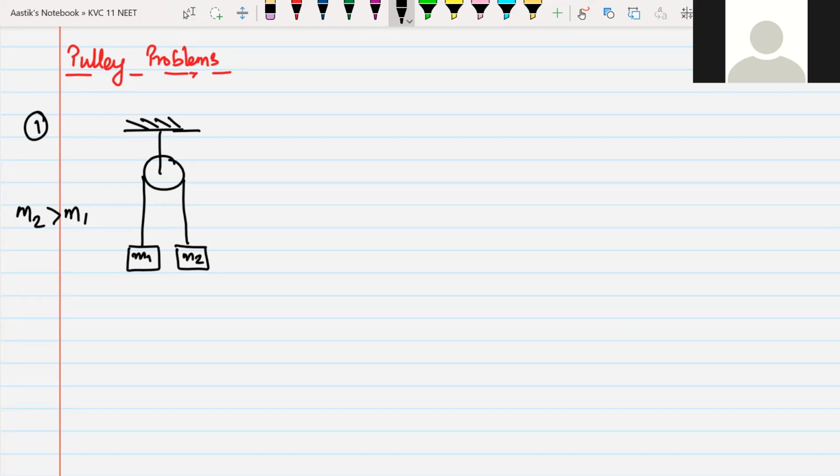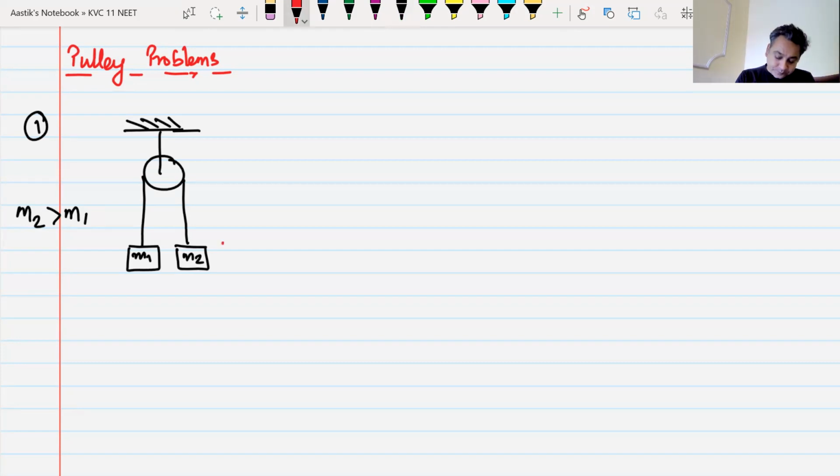How are the two blocks going to move? M2 downwards. M2 will move downwards, yes. And what about M1? Upwards. M2 will move downwards and M1 will move upwards.